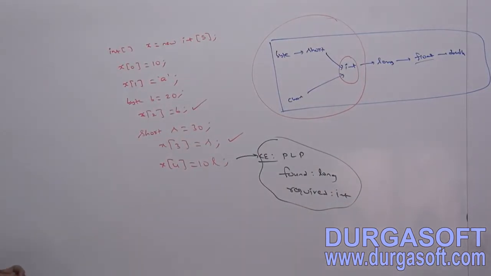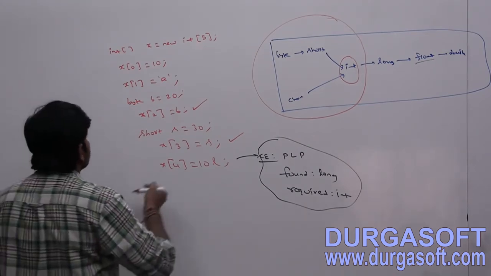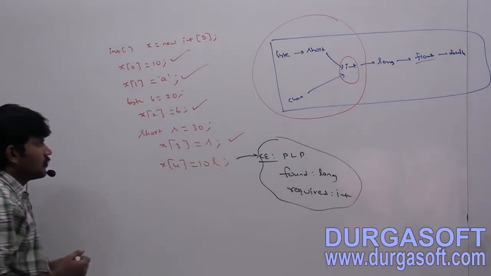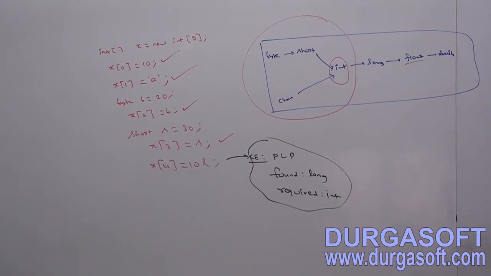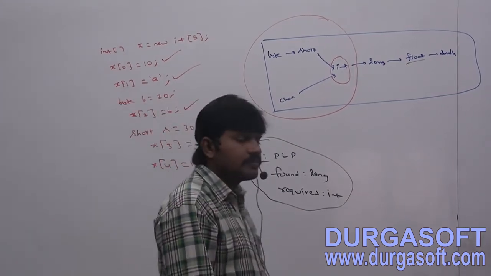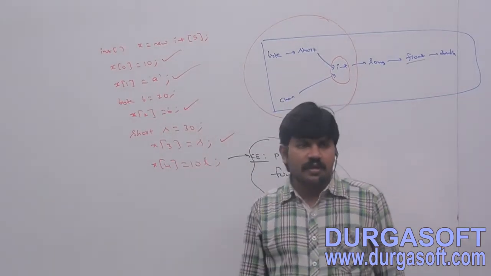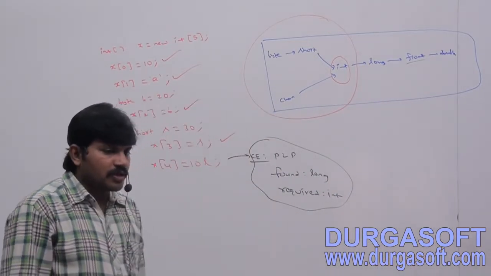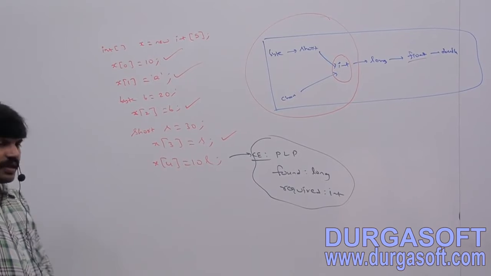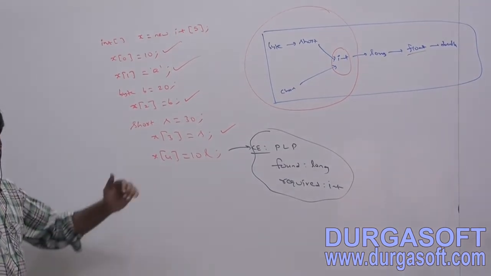If it is the float type, take that diagram also. Char is allowed, int is allowed, byte is allowed, short is allowed. We can provide any type which can be implicitly promoted to the declared type. I hope it is clear for you.